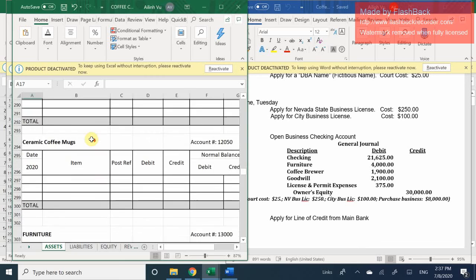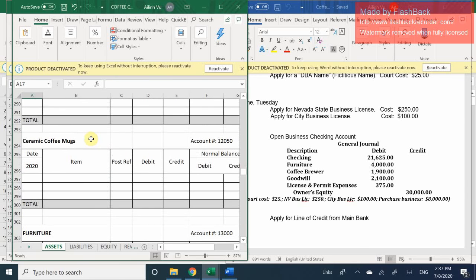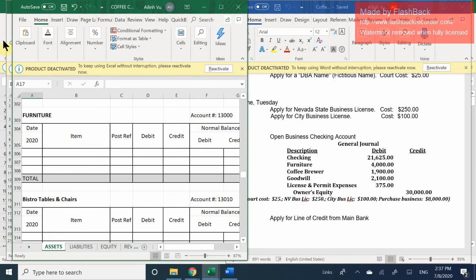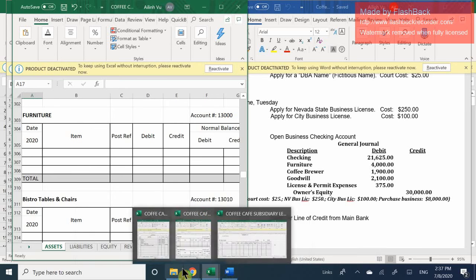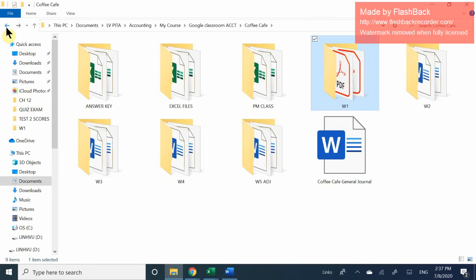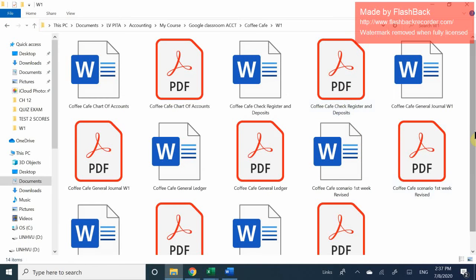Equity is pretty far down. Yeah, equity is very far down. Yeah, there it is. Okay, so furniture, on page 9, is that what we're looking at? Page 9?